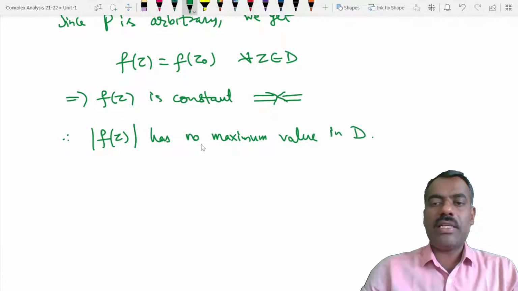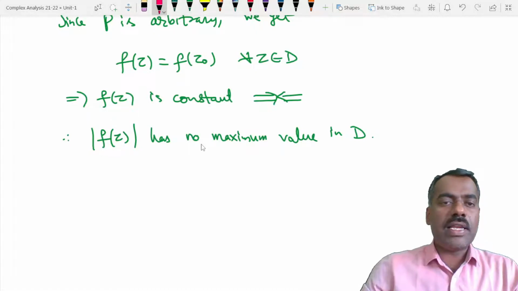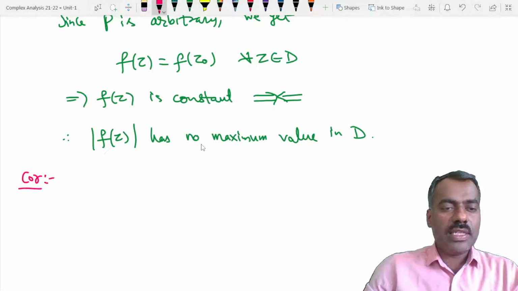As a corollary, we can understand this result in a better way.